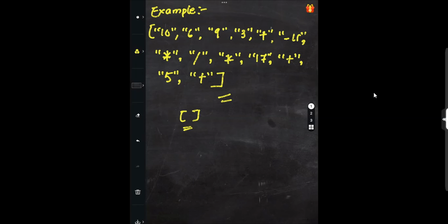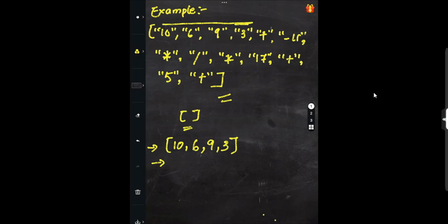First we push 10, then 6, so the stack is 10, 6. Next we push 9, so it is 10, 6, 9, and finally we push 3. So we have pushed the numbers until the operator.